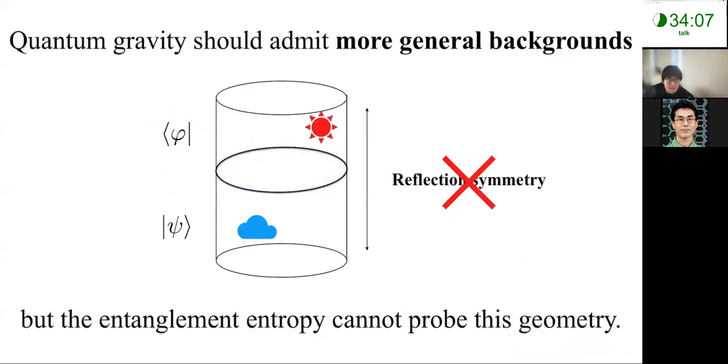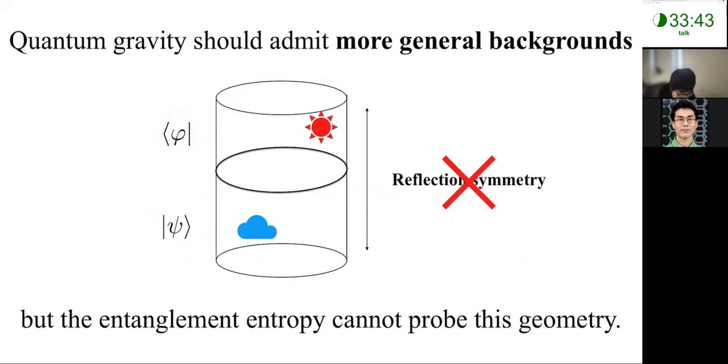However, from the gravity perspective, as I have already explained, we can naturally think about more general geometry. But in this case, there is no longer reflection symmetry, since the future and past states can be different. But at least from the gravity perspective, we would like to understand the structure of the metric from the boundary perspective.